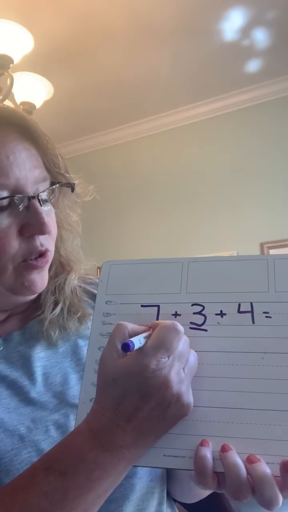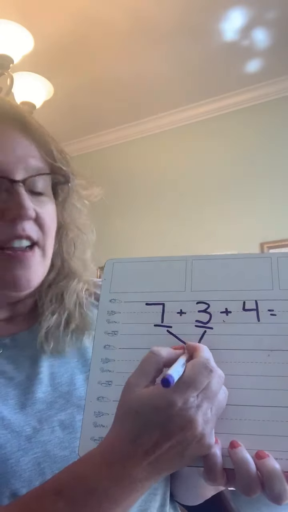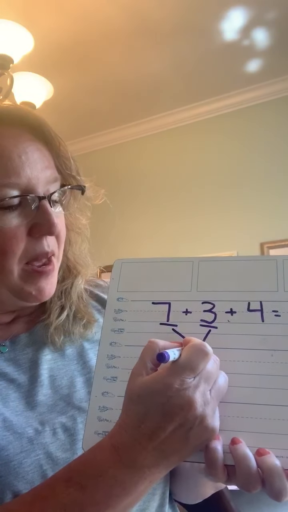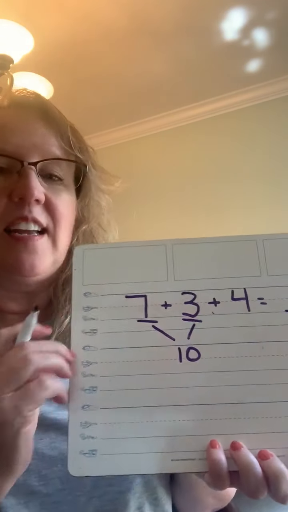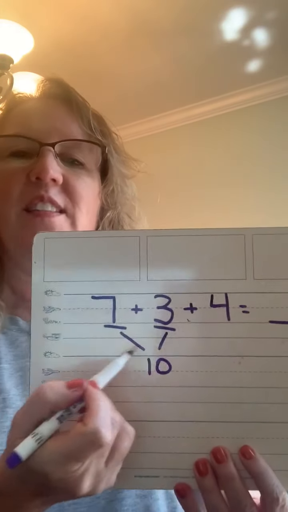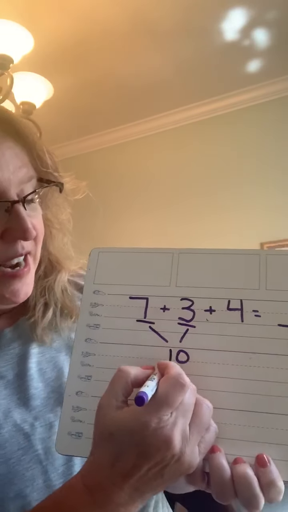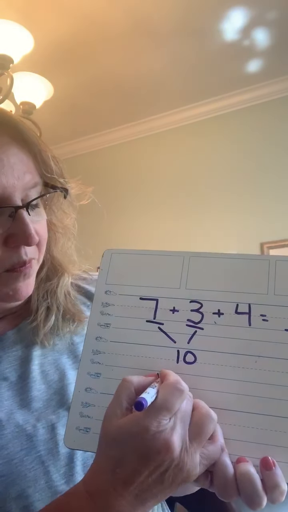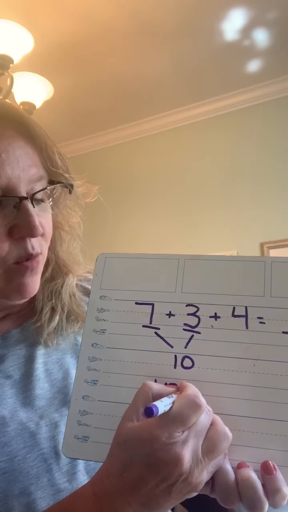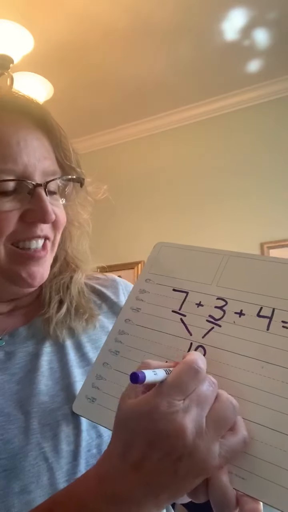So, like your picture is drawn there, on your next line down, that 7 and 3 make 10. So now what's my new problem? I've got 7 and 3 put together. Now I can take that 10 and I can add what to it? What have I not used yet? The 4. That's awesome.